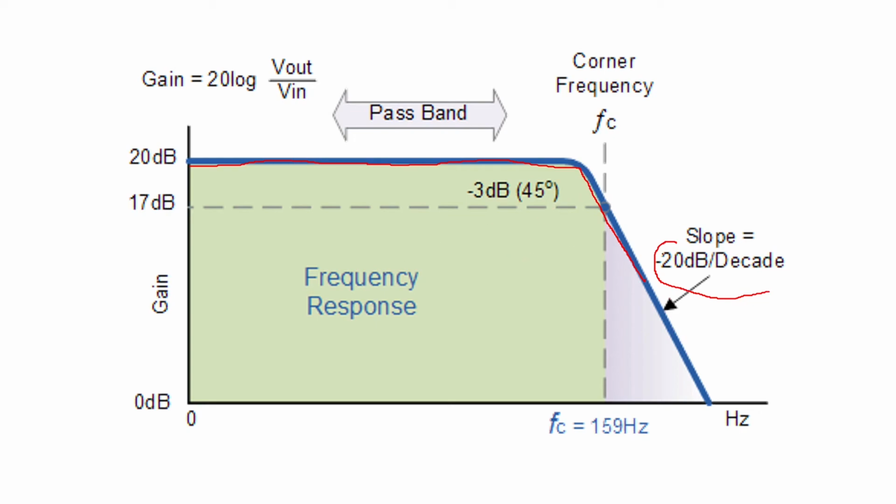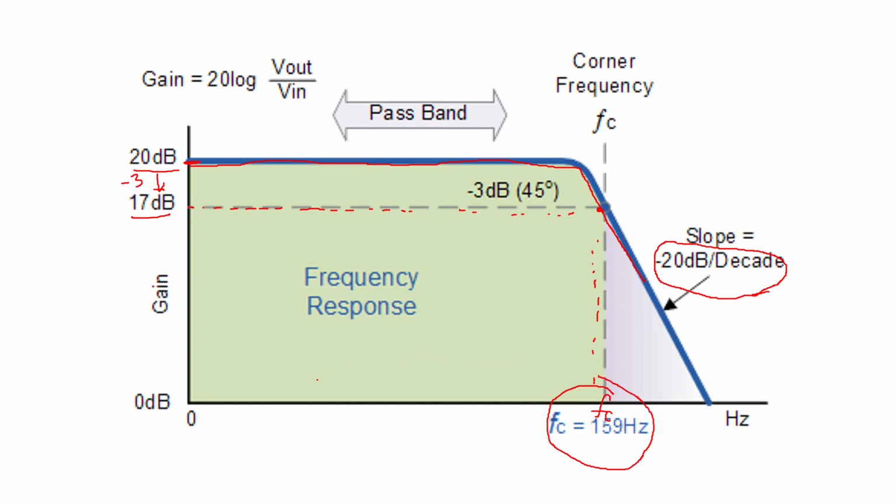Now if you have a maximum gain of 20 decibels, you come down minus 3 decibels to 17 decibels, and that half power point, if you take it on the frequency axis, will be your cutoff frequency.